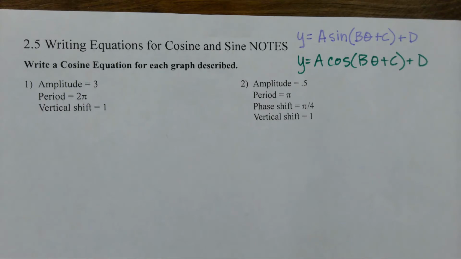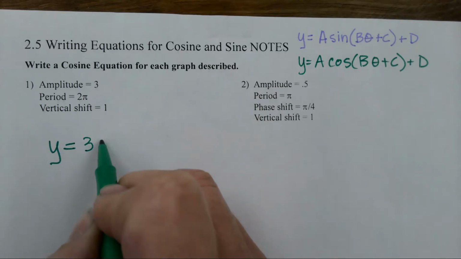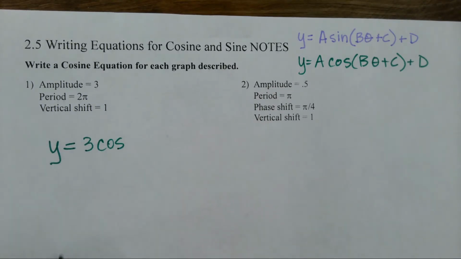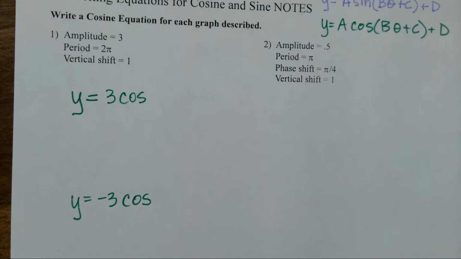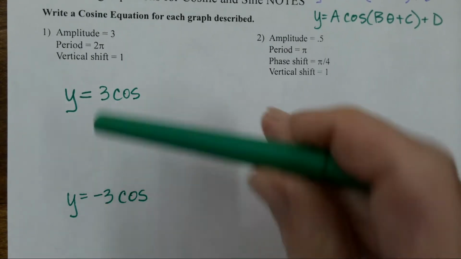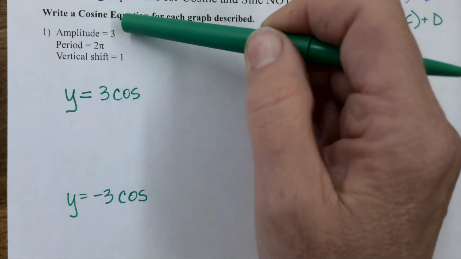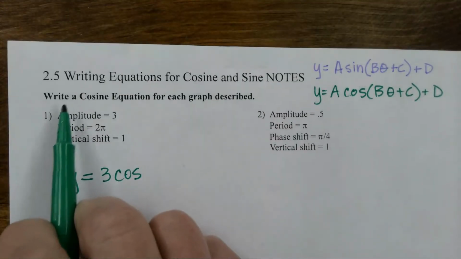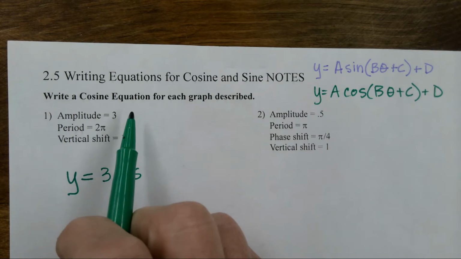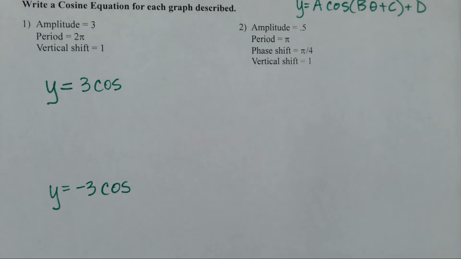So in front, my equation could be y equals positive 3 cosine something, or my equation could be negative 3 cosine something. Both of these things would give us an amplitude of 3. Do you need to write both of them? No. If they ask for write a cosine equation that could work for this, we only need to write one. I'm just showing you that both could work. Okay?